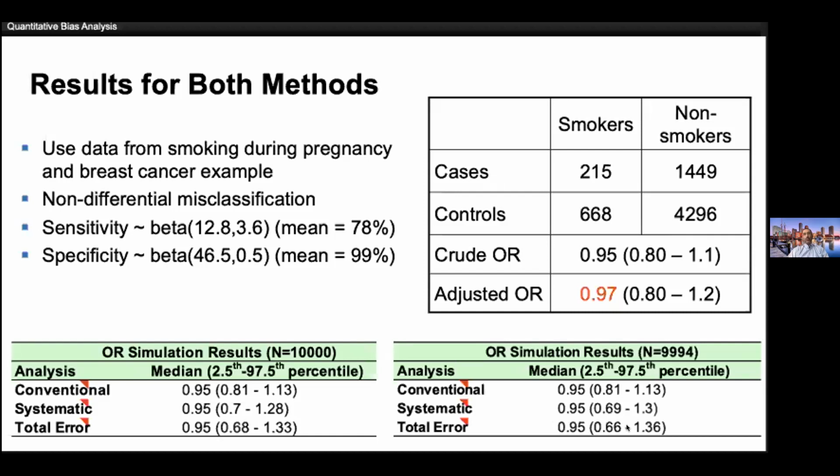Because I'm not just working with the expectation, I'm working with the actual record level data, which means, even though the expectation is biased towards the null, I can get, in some iterations, bias away from the null. And so the expectation is the same, so the point estimates don't shift, but now I'm doing a better job of incorporating all of the uncertainty that comes about when you apply classification methods to individuals.